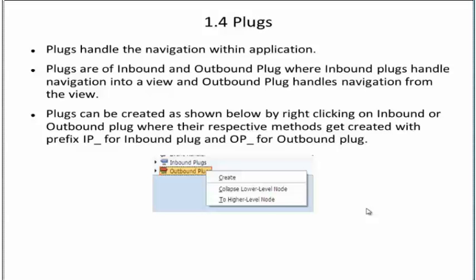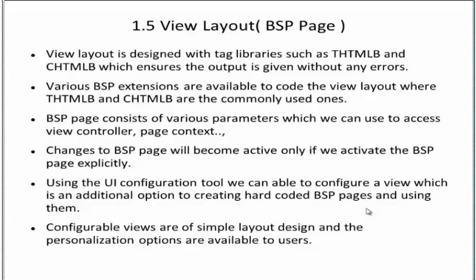Moving forward, to talk about the view layout, it is basically a .html page which is created for every view. When you create the view, the .html page is automatically created for that particular view. Here you will be writing the code either in THTMLB tags or CHTMLB tags. When we have a CHTMLB tag, automatically the configuration tab would be enabled.